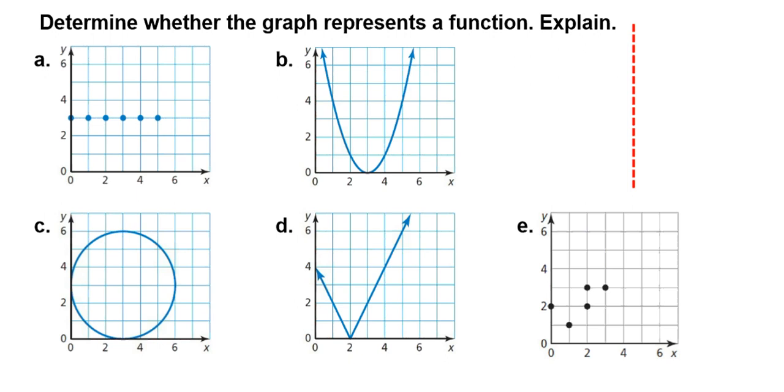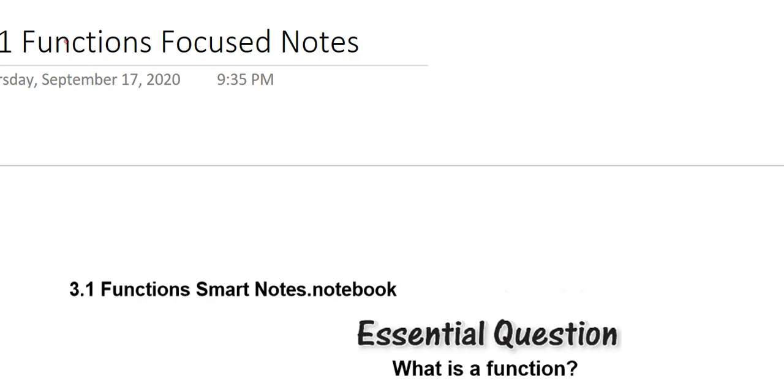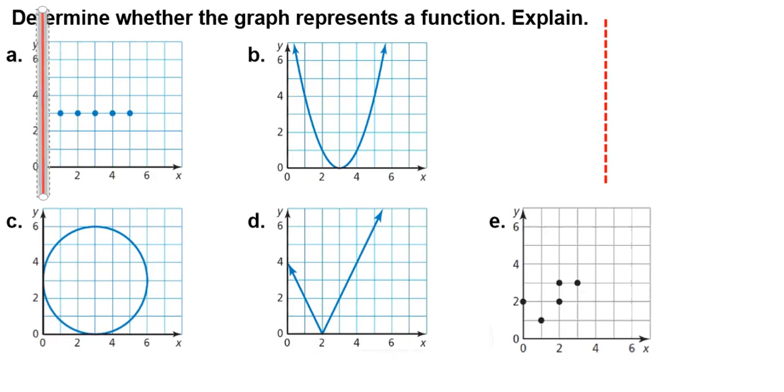If we take our vertical line and we move it across A, we can see that it's only going to touch each of our pieces one time here. So that's going to tell us that yes, this is a function because it passes the vertical line test.